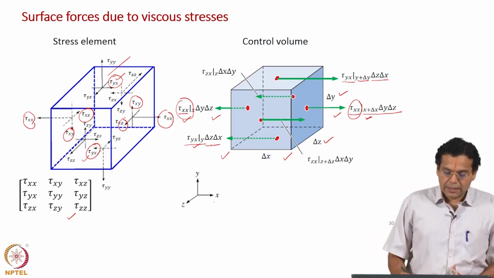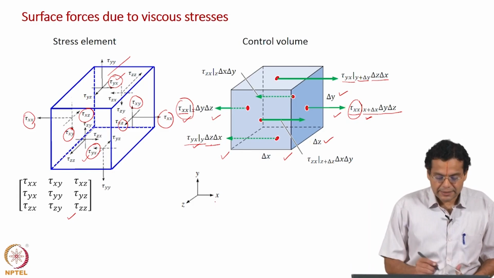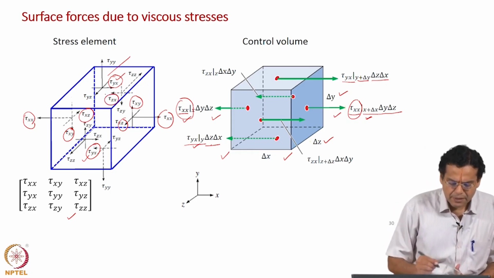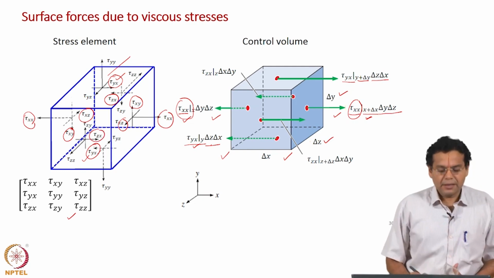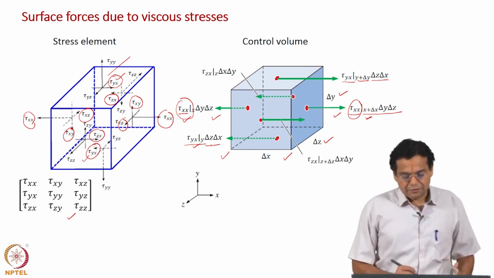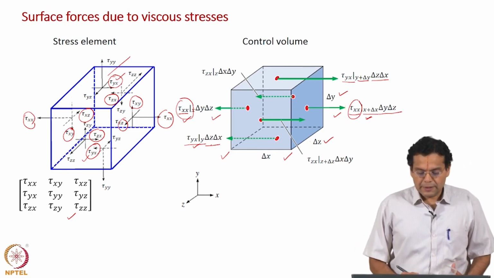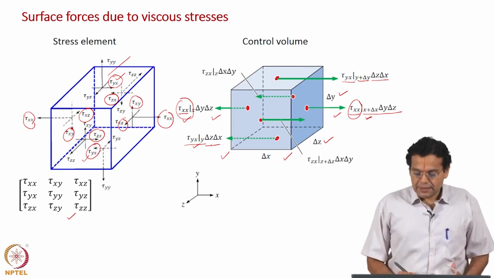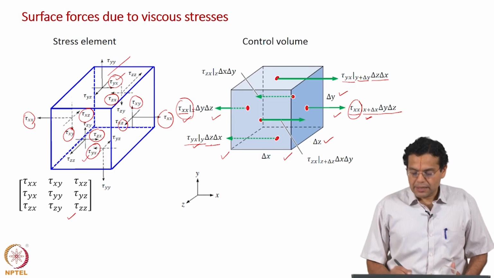We will have to take tau zx, that is this component, and then we will have to take this component here. On the front face, because it is a positive face, the force is along the positive x axis.